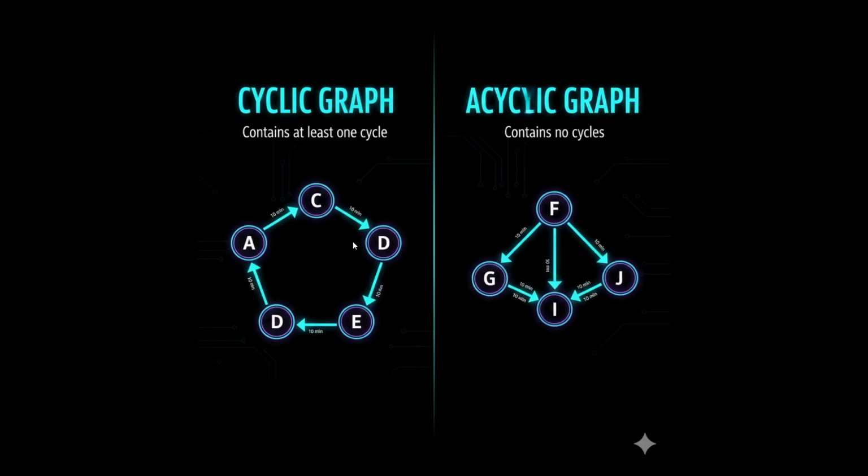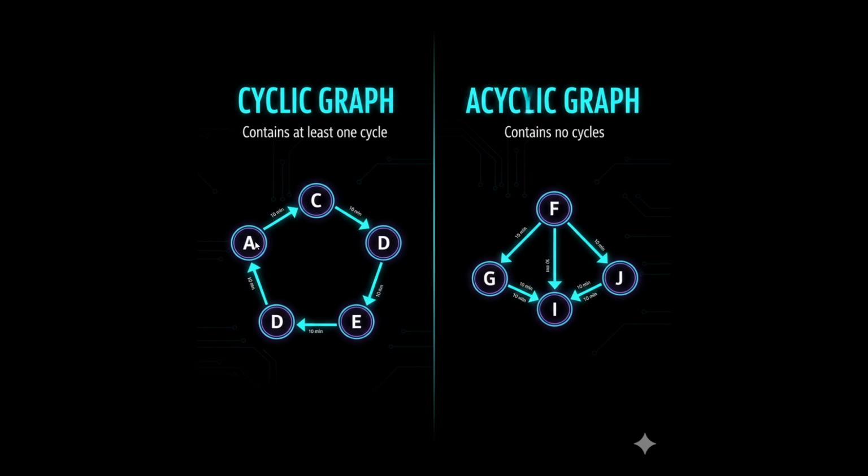Okay, so now there are two different kinds of graphs as well, based upon the presence of a cycle. A cycle, if it exists in a graph, then it is called a cyclic graph. And what I mean by cycle is, a cycle is when you can go from one node and reach the same node again.